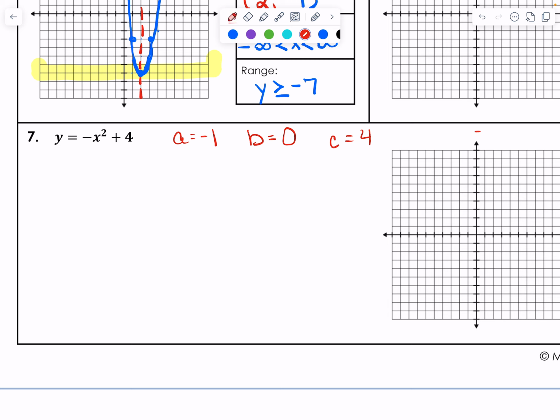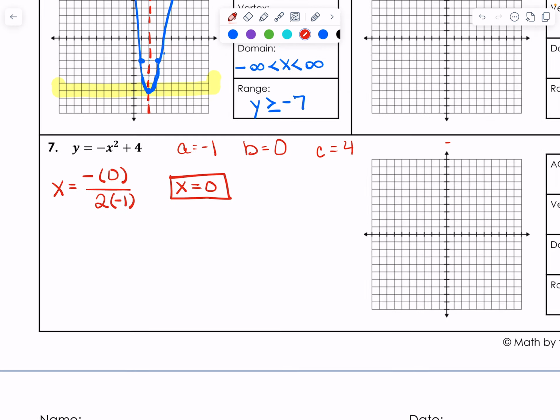The very first thing we're going to do is find the axis of symmetry. x equals negative b over 2 times a. Now this one, the b term is not there, so that means that b equals 0. So we have negative 0 divided by 2 times negative 1. Negative 0 is just 0. 2 times negative 1 is negative 2. 0 divided by anything is always 0.